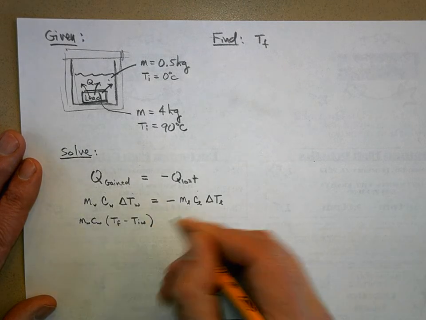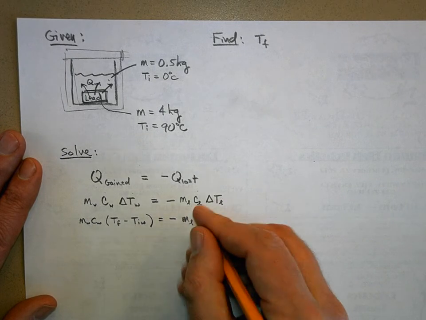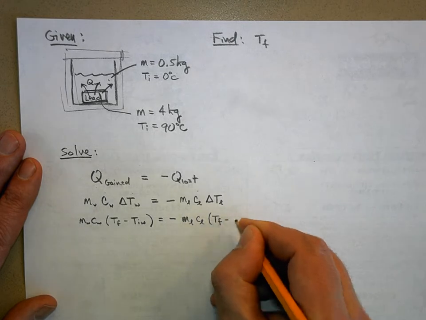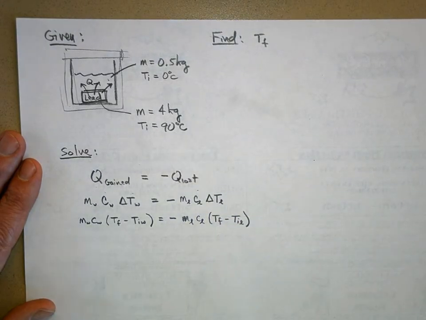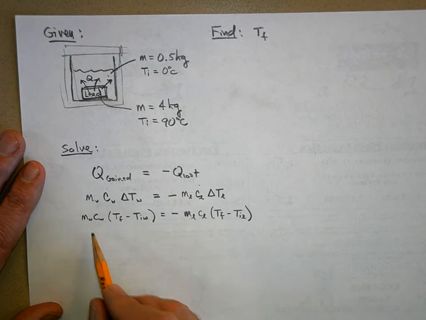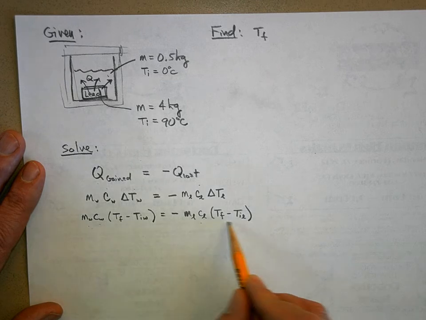Equals negative mass of the lead, specific heat of the lead, T final minus T initial for the lead. Okay, now what I'm going to do is distribute these masses and specific heats into the equation.